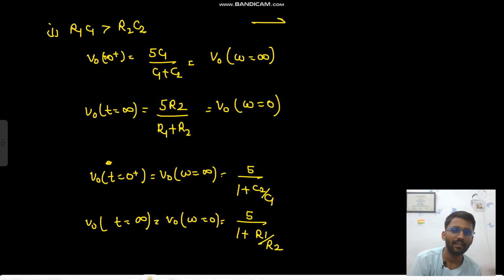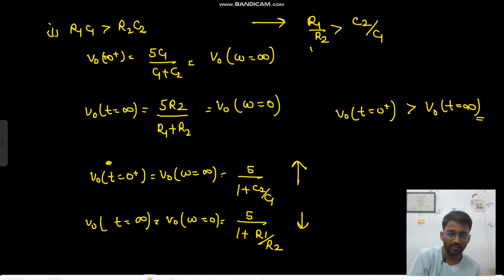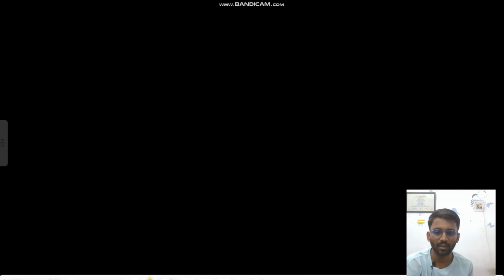Now it is given that R1 by R2 is greater than C2 by C1. So this value is greater. If the denominator is greater, the overall value will be lower. So V0 at t equals to 0 plus is greater than V0 at t equals to infinity. So now how will the graph look like?